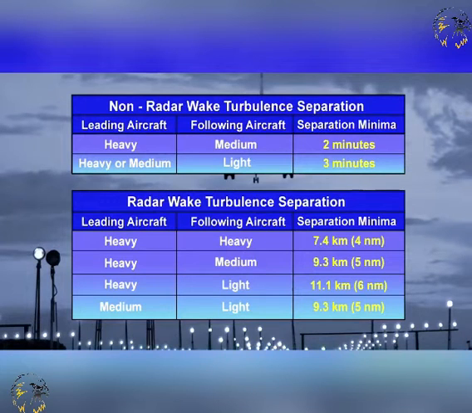As you will remember, wake turbulence separation plays an important role in the determination of arrival and departure separation schedules. As a reminder, here are the wake turbulence separation minima for the various categories of aircraft.